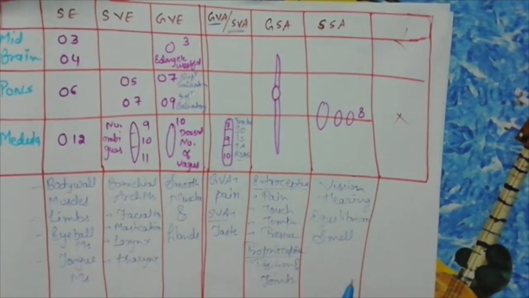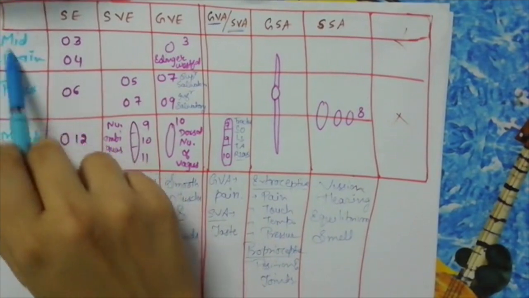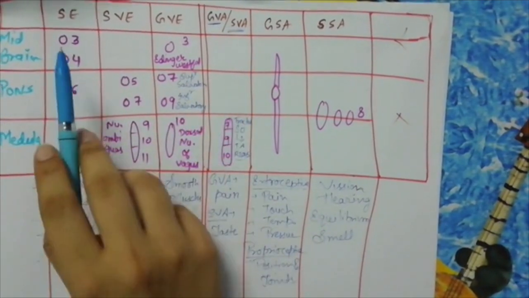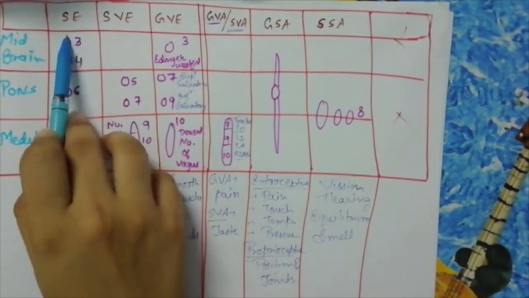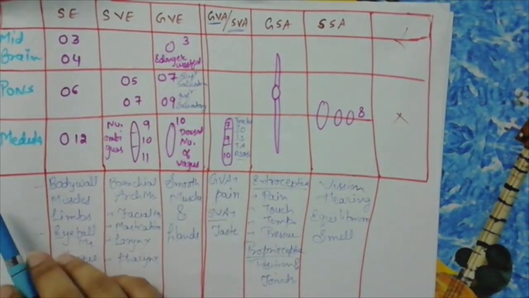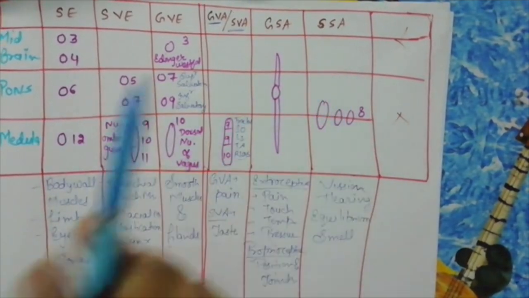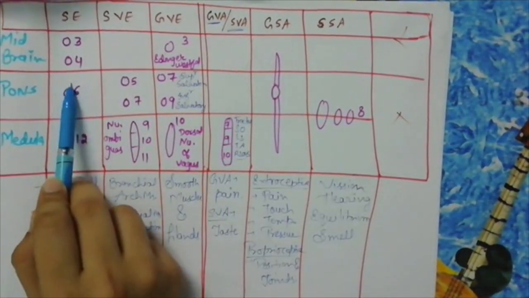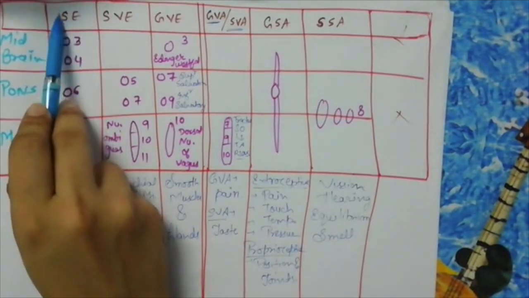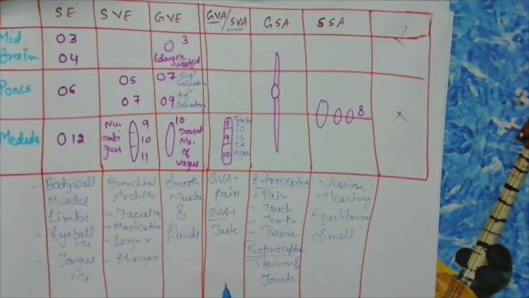And what about the nucleus? The nucleus are present in the midbrain. There are two nucleus of the third cranial nerve, this and the Edinger-Westphal nucleus. And if someone asks you about the sixth cranial nerve, then you can see there is only one nucleus which is present in the pons, and the functional column is somatic efferent.